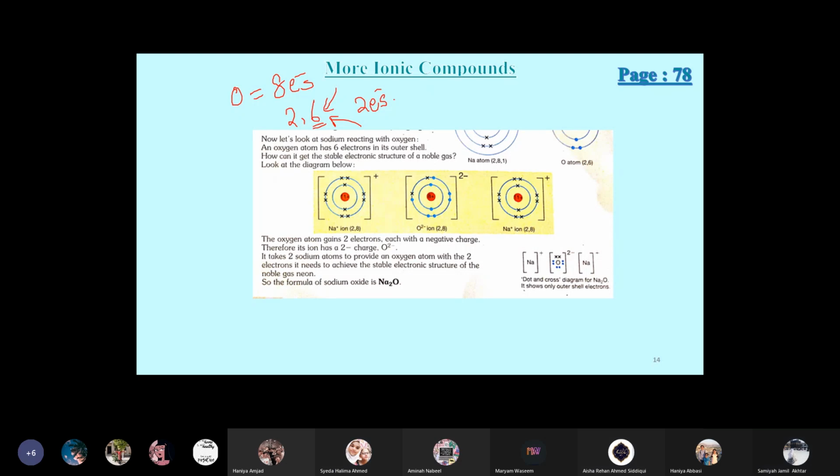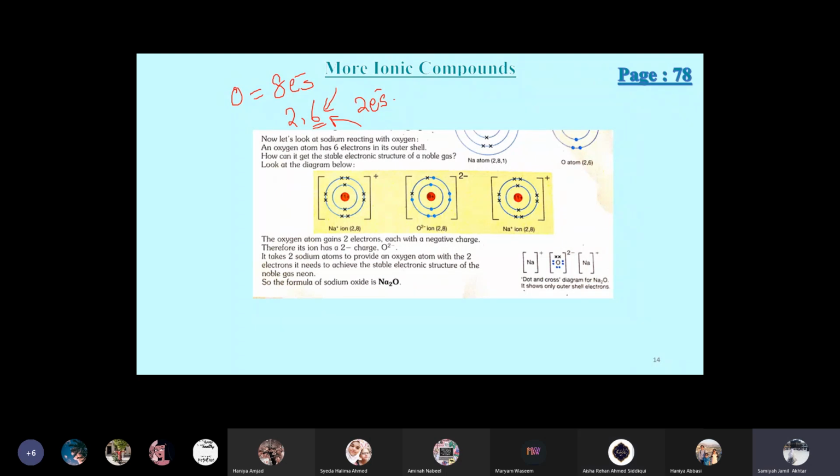Teacher, the oxygen, all the atoms want to be like the noble gases. So teacher, they will not become noble gases even when they become stable, right? Yeah, they will not become noble gases because the identification of every atom is the number of protons. So the number of protons is not changing. They are gaining the electrons, but the protons inside the nucleus remain the same.